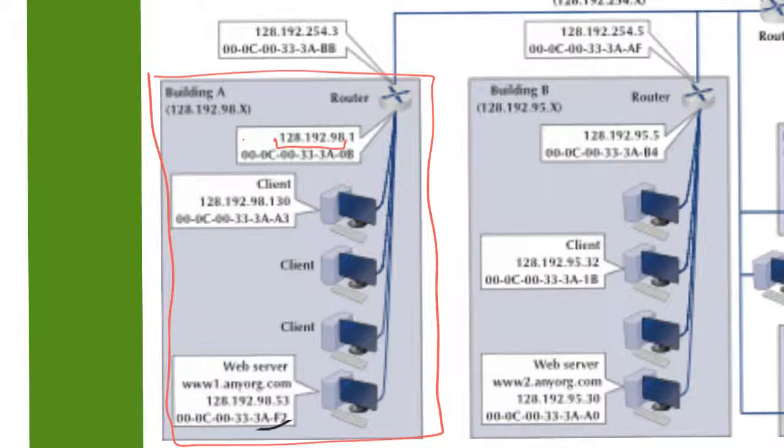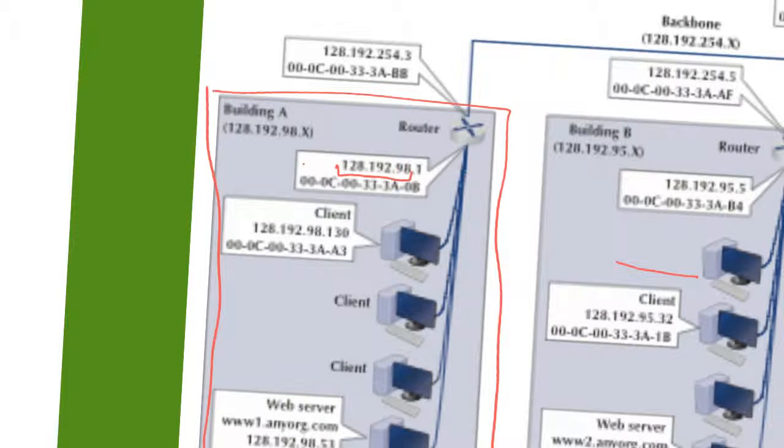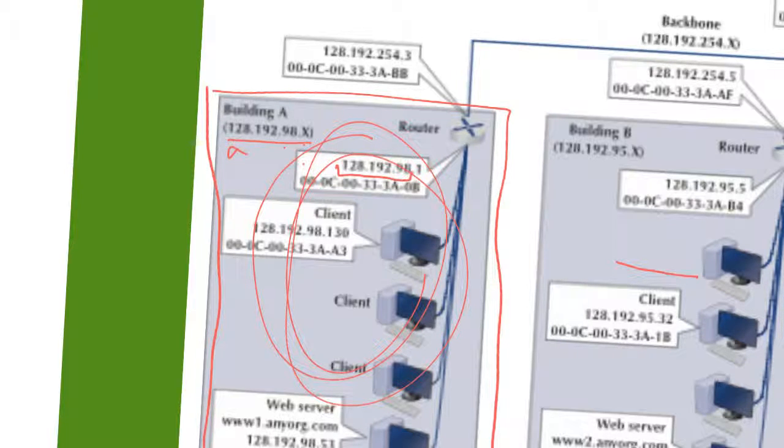That's what we call the network address. So building A, which we refer to as local area network 1, has the network address 128.192.98.x, which means that every device in this building will begin with that prefix. For the sake of my example, I will refer to this as x.x.x and only provide the last digit.